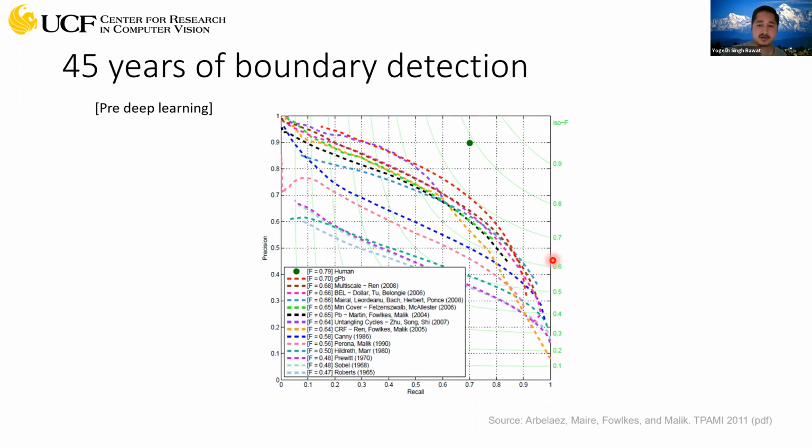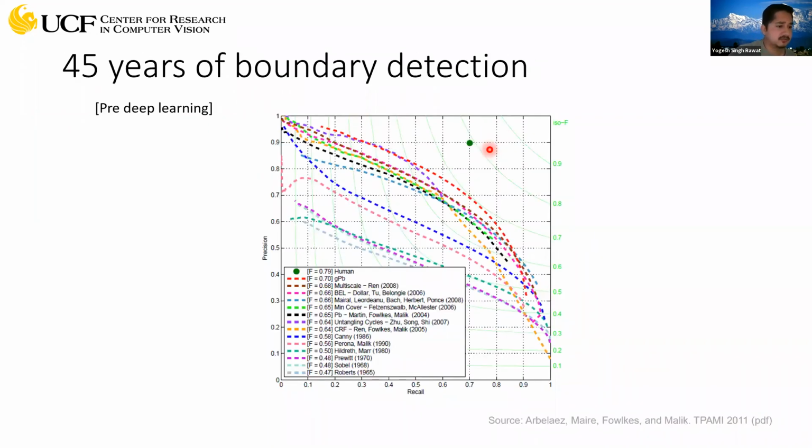So the bigger the area under the curve, the better the algorithm is. In this case, you can see that the area under the curve is pretty small, so it's a bad algorithm, and it's improving over time. So this red curve here is showing a 0.7 F score. That's a better algorithm as compared to the others. So you can see that even humans are not perfect.